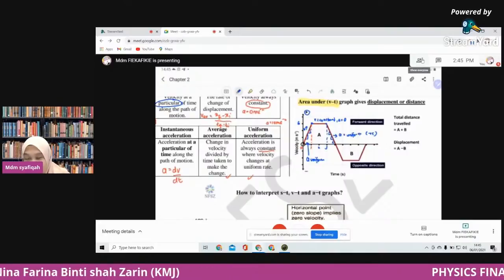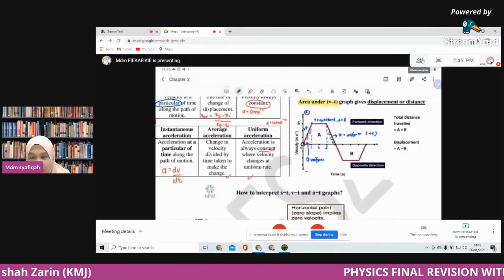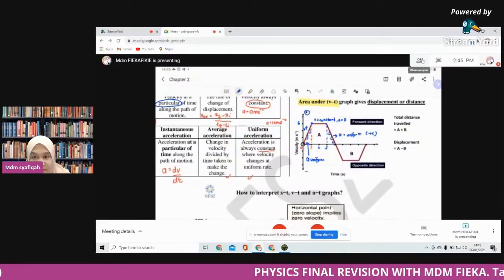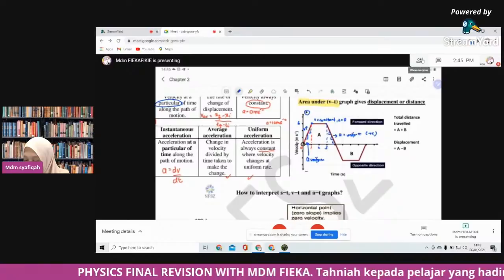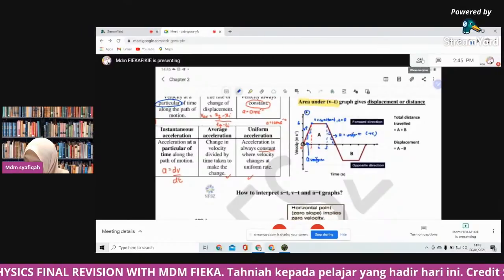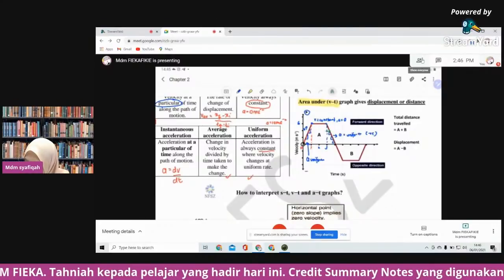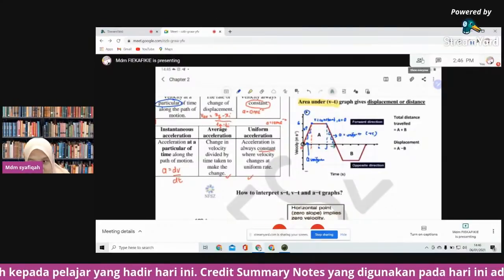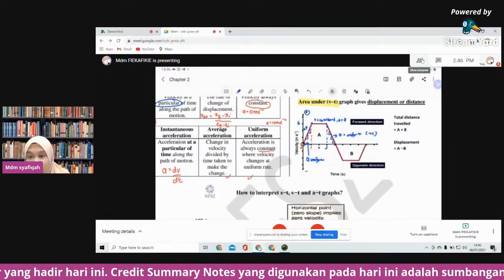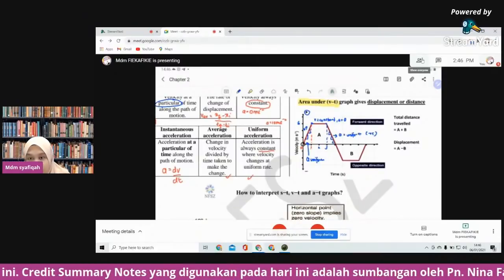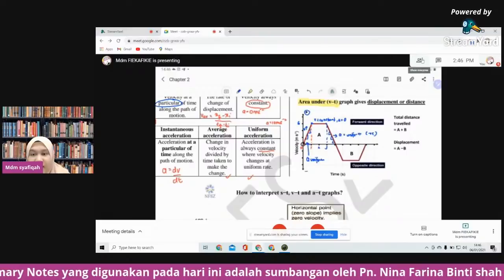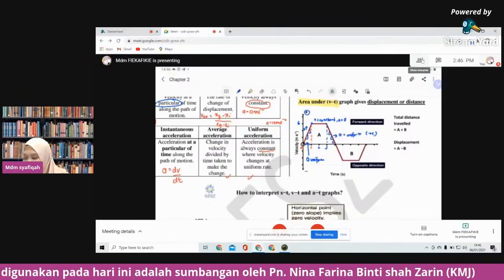When it is a negative value, what does it mean? What is the car doing? It is decelerating. Its velocity has decreased. Look at here, from 6 it decreases to 4, 2 and then 0. It is decelerating uniformly. A is uniform, okay? And the car still moves in positive direction.